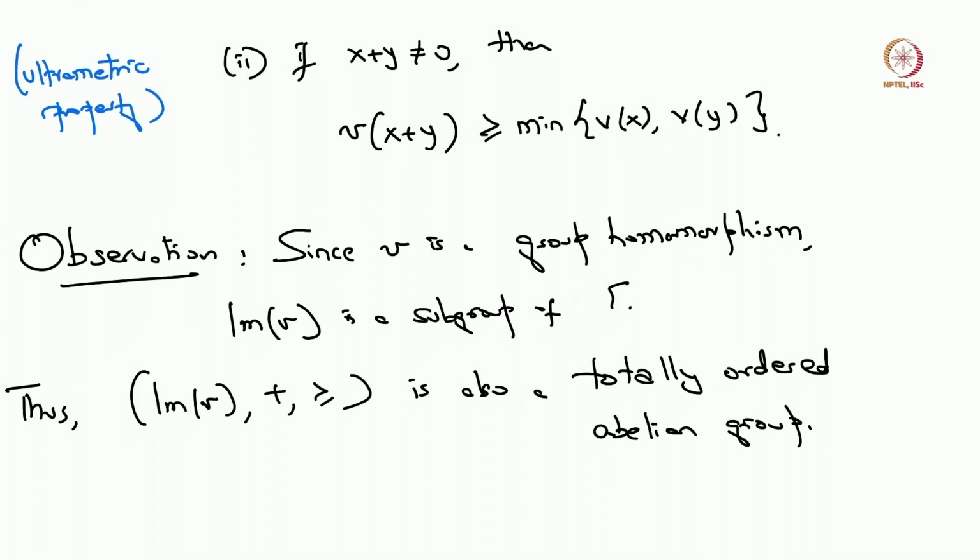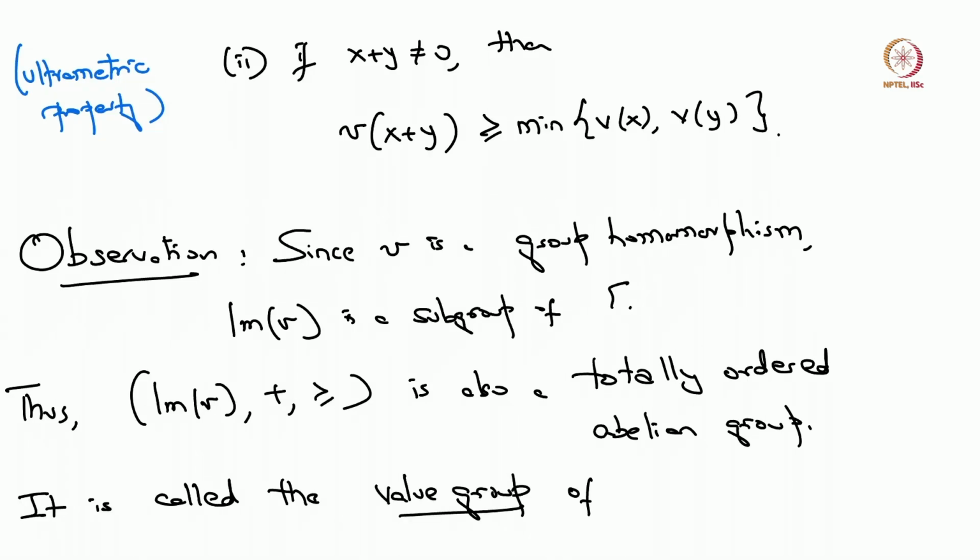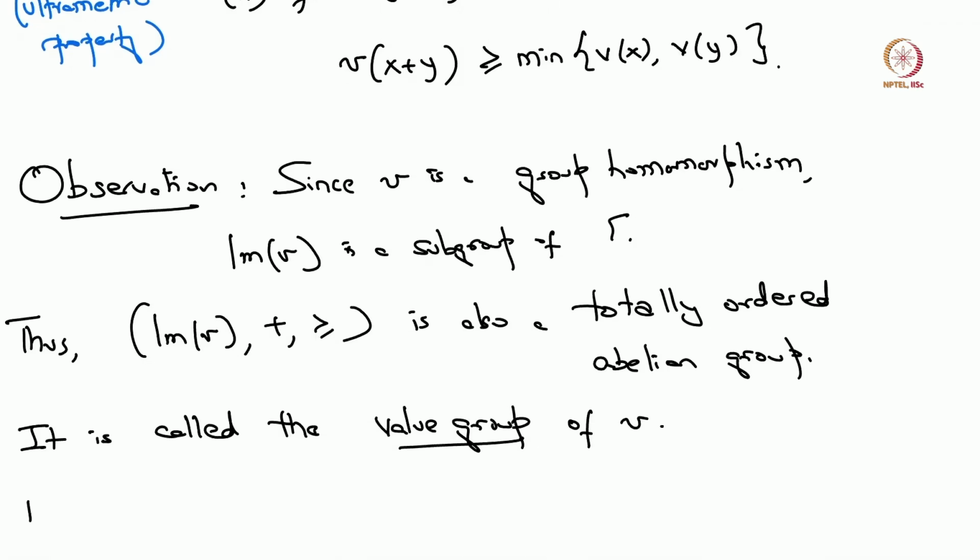This subgroup, the image of v, is called the value group of v. Frequently, instead of working with some random gamma, we just work with the value group.